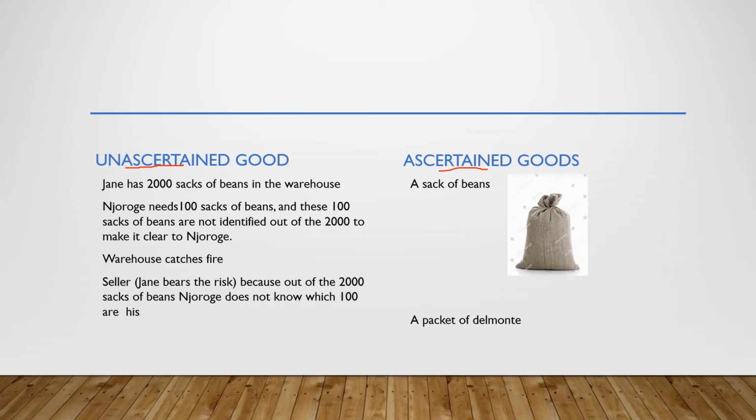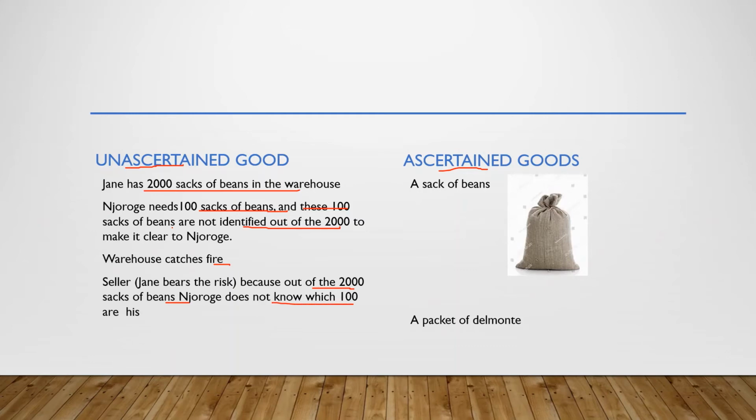Using the example on your screen, if Jane has 2,000 sacks of beans in a warehouse, and Njoroge needs 100 sacks of beans, and these 100 are not identified out of the 2,000 to make it clear to Njoroge, and 2 days later the warehouse catches fire, in this case, Jane bears the risk because out of the 2,000 sacks of beans, Njoroge does not know which 100 belong to him.